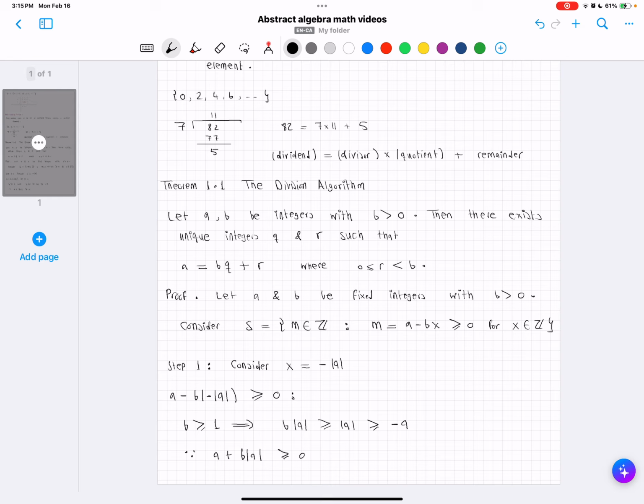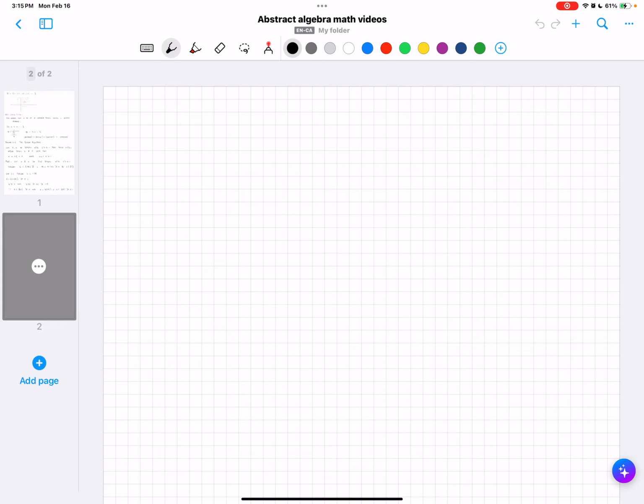So a minus b times the negative absolute value of a, which is a plus b times the absolute value of a, is bigger than or equal to 0. So we're guaranteed that this set S is non-empty.